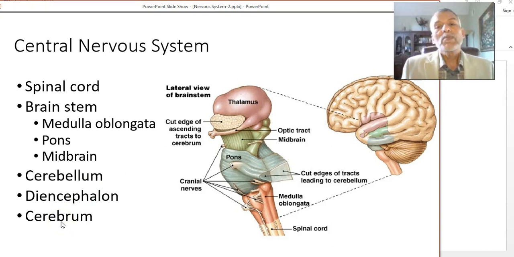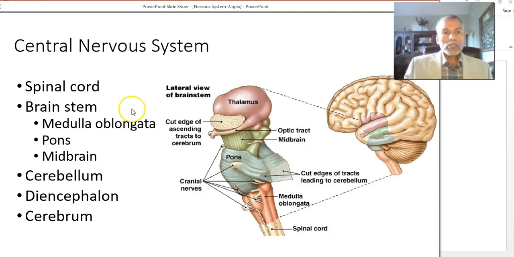And then the cerebrum. Know the name carefully. Cerebrum. The cerebrum is all of this, the big part that is wrapping around the brainstem and around the diencephalon. Everything, completely everything, with the exception, of course, of the cerebellum. If you take the cerebellum out, and everything that wraps around the brainstem and the diencephalon, that is the cerebrum.